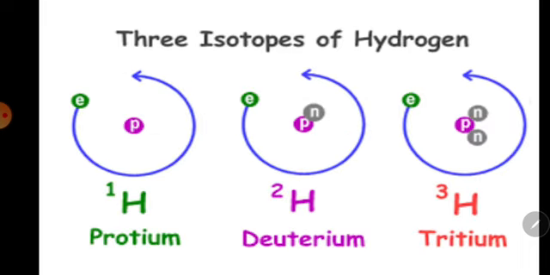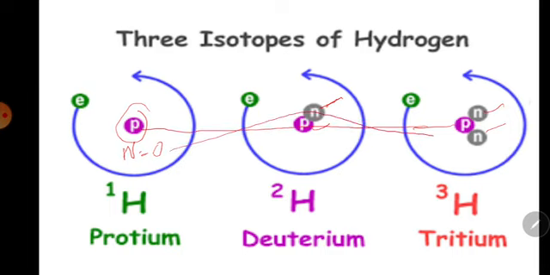The hydrogen isotope protium has one proton and 0 neutrons. Deuterium has one proton and one neutron. Tritium has one proton and two neutrons. So the number of protons is the same, but the number of neutrons is different.